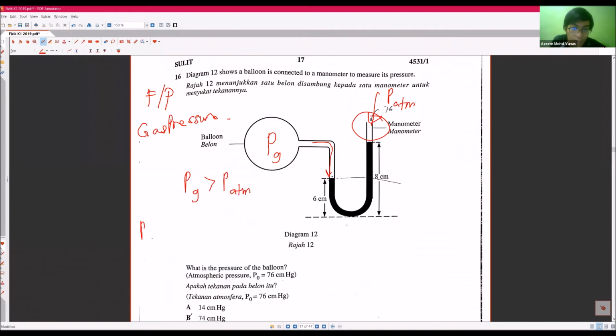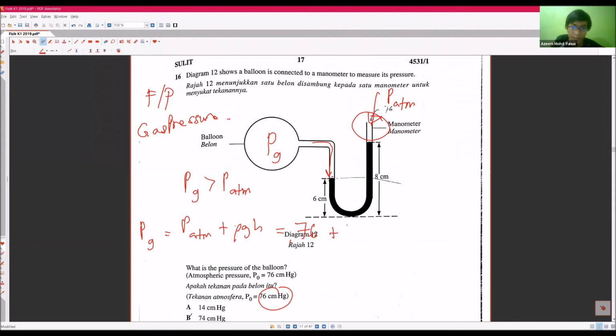So we should add P atm plus rho g h. If higher, then we add; if lower, we deduct. Okay, this is the formula. P atm is 76 given, plus rho g h.